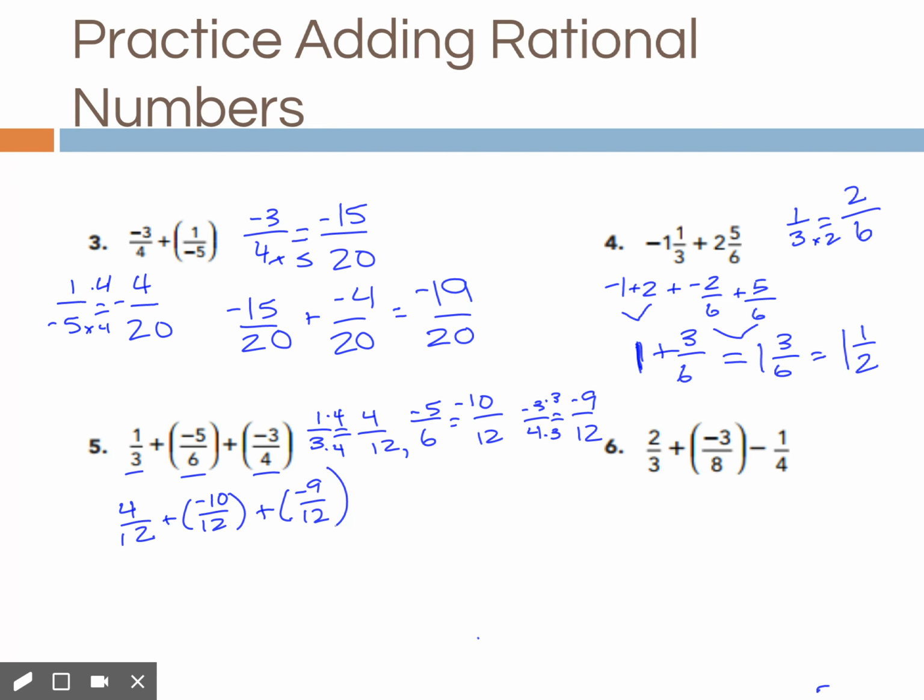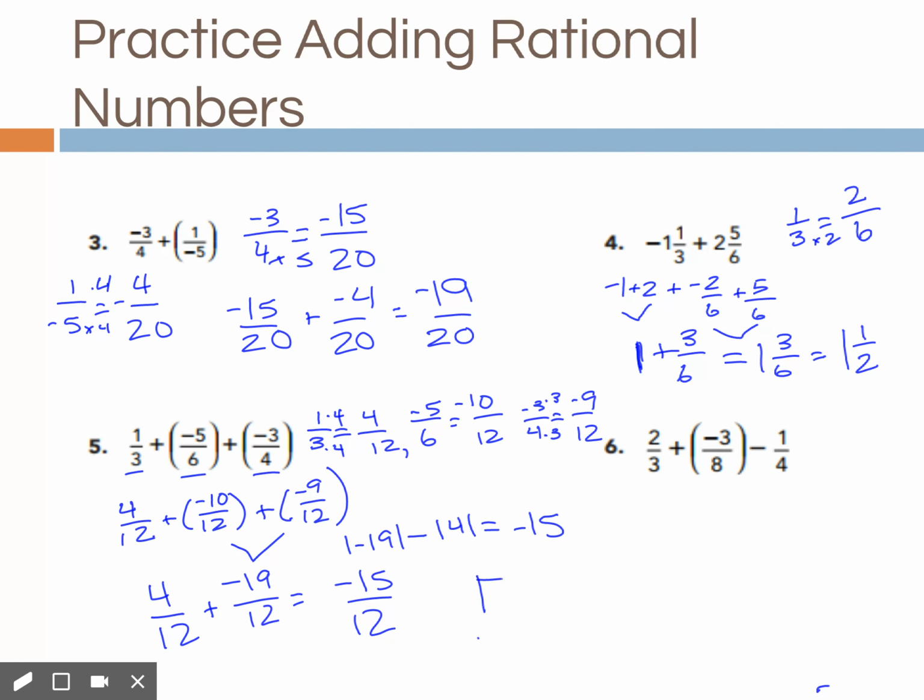First, I'm going to group my two negatives together because those are easy just to add. So now I have negative 19/12 here. And I still have to add on my 4/12. So now I'm going to subtract the absolute values of the numerator. So the absolute value of negative 19 minus the absolute value of 4 would be 15. And that's going to remain negative because 19 is here. So this equals negative 15 over 12. I would never leave it that way.